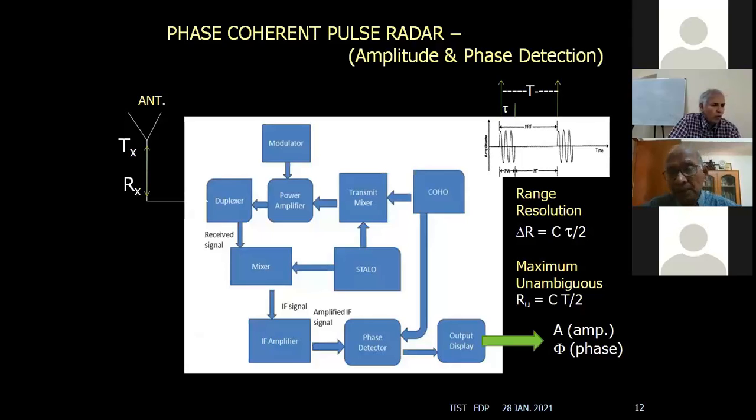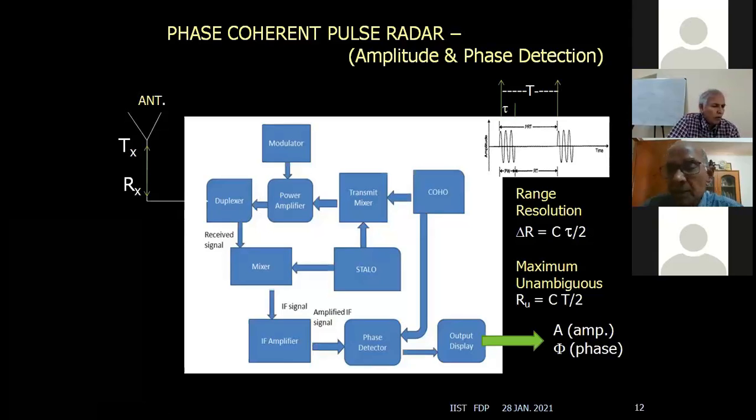What he did was put a huge tower and vertically stacked the cross dipole antennas to find out the angle of arrival. And then he actually fed the same signal which actually generated the transmitted signal. The same signal is fed to the phase detector. After coming back the IF amplifier, here it will be mixed with the transmitted signal, and it will detect not only the amplitude but also the phase of the received signal.